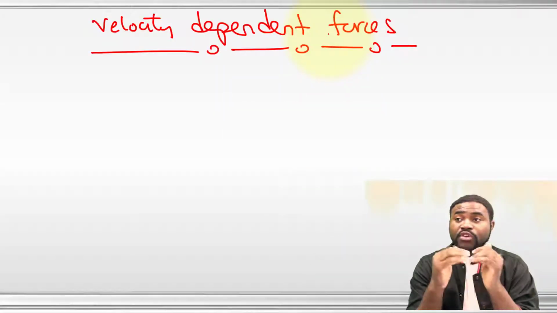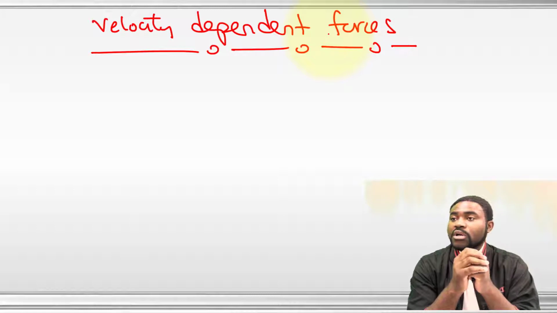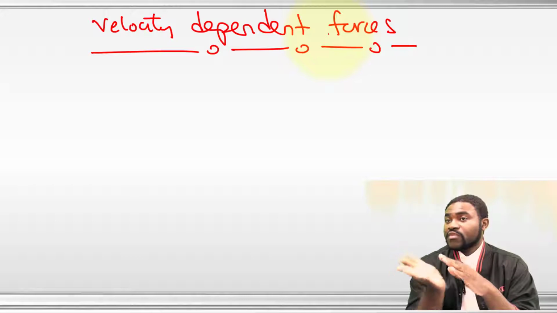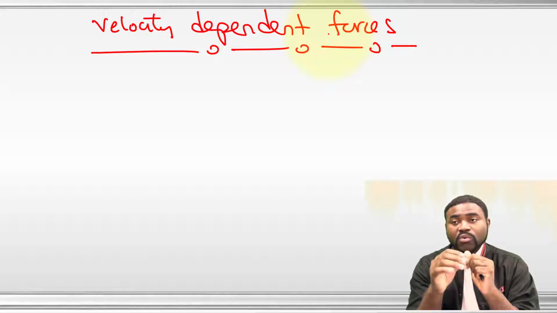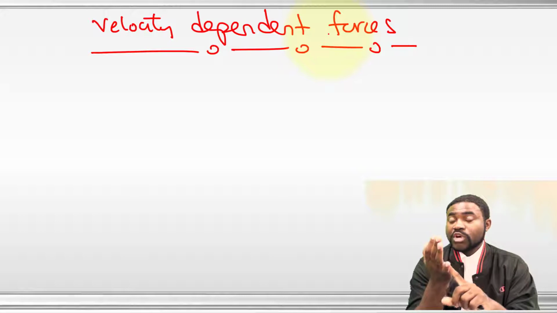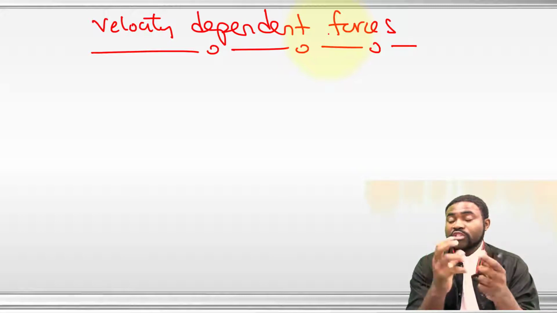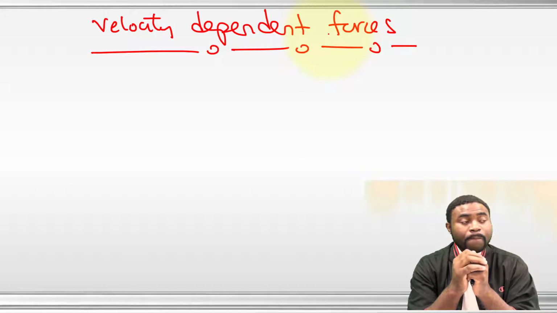As of this moment, we have talked about friction, and one of the distinguished features of friction between two solid surfaces is that it does not depend on the relative velocity between the two surfaces, neither does it depend on what? The surface area. We said that friction depends on the nature of the surface, and on the normal force that the surfaces exert on each other.